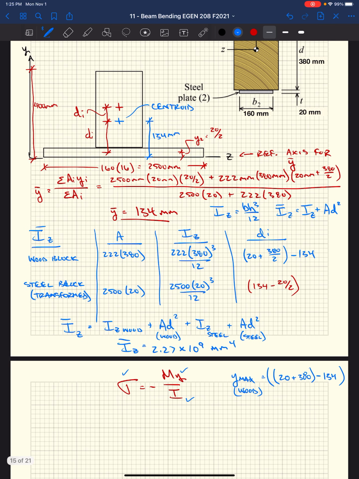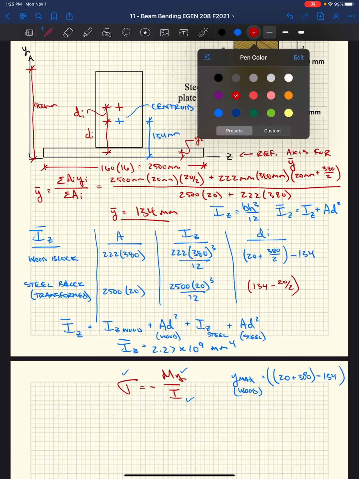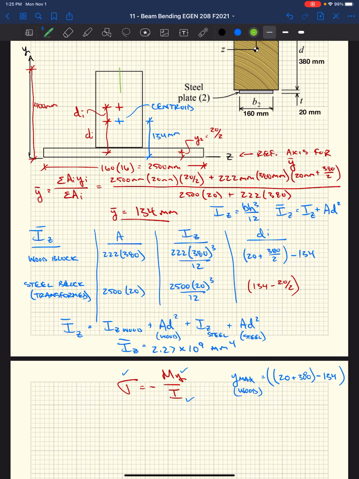Because this right here is y max for the wood, right? That is the furthest distance we have to go away from the centroid and still be in the wood, right?